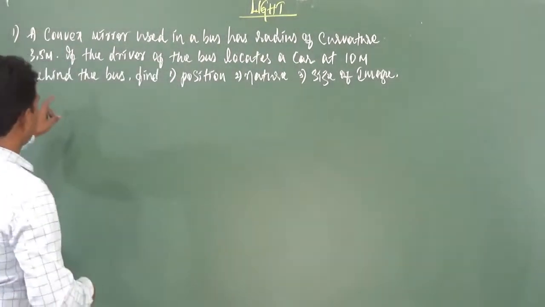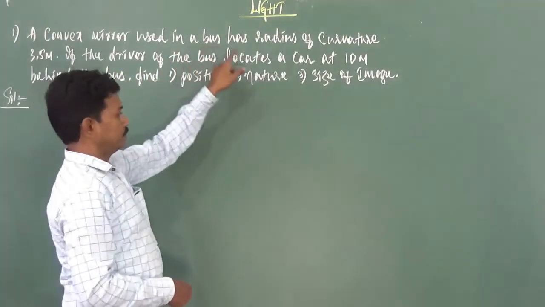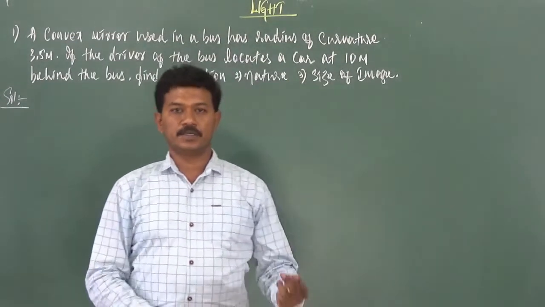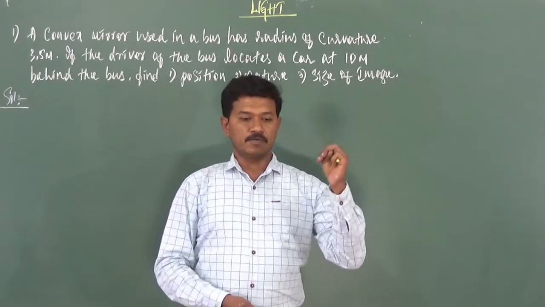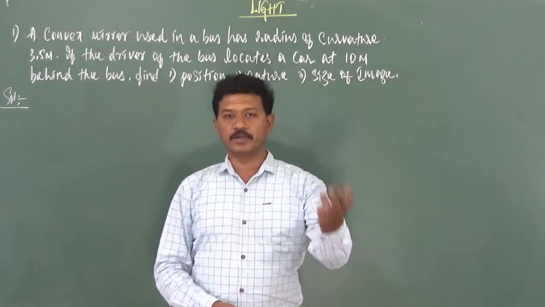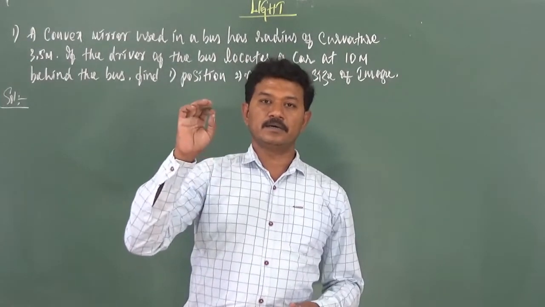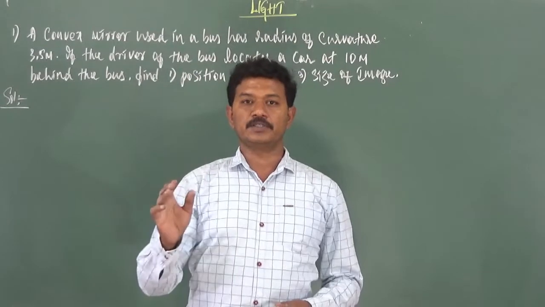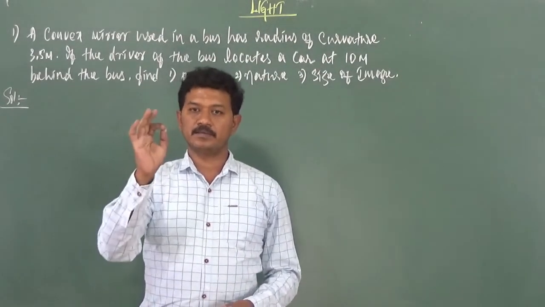A convex mirror used in a bus. In vehicles usually we use mirrors. There are 3 types of mirrors: plane mirror, concave mirror, convex mirror. Which type of mirror is used in vehicles? In the rear view mirrors, we always use convex mirrors.